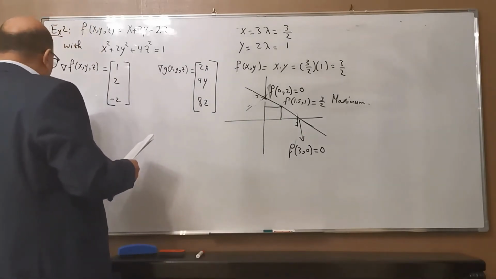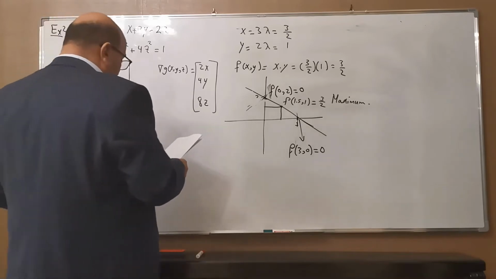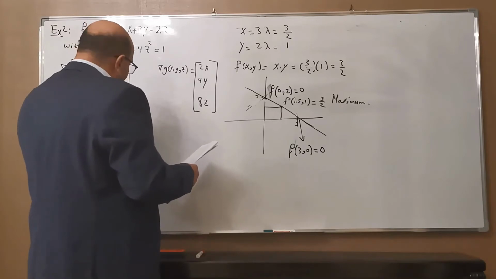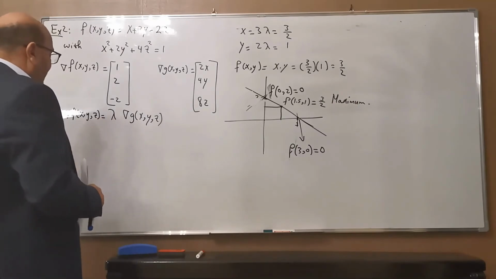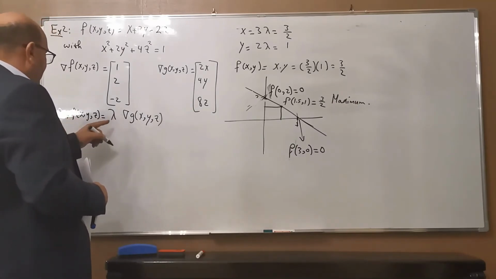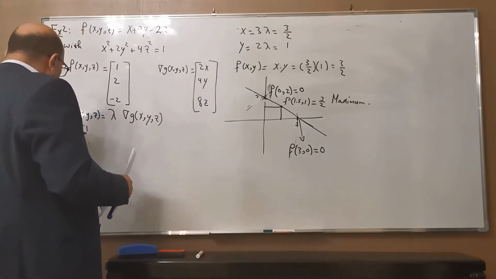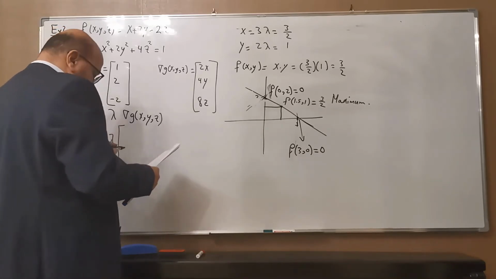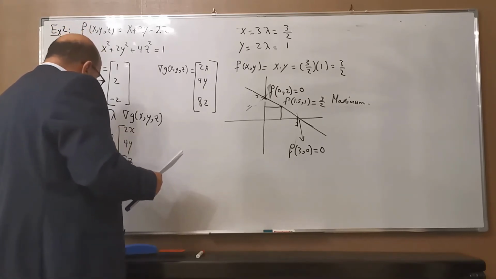Now we have to apply the equation that the gradient of f equals, or is proportional to, the gradient of g at the point of optimum, minimum or maximum. So those two gradients, which are the normals of the level curves of f and g at the same time, should satisfy 1, 2, and minus 2 equals lambda times 2x, 4y, and 8z.